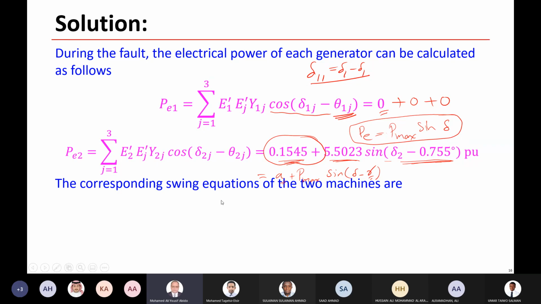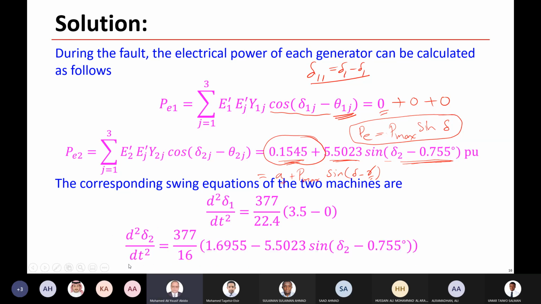write down directly the swing equation of machine number 1, omega S over 2H, B mechanical 1, which is equal to BG load flow, minus B electrical 1, which is 0. And you have, again, the acceleration, omega S over 2H 2 multiplied by B mechanical 2, plus this, of course, this would be here minus.